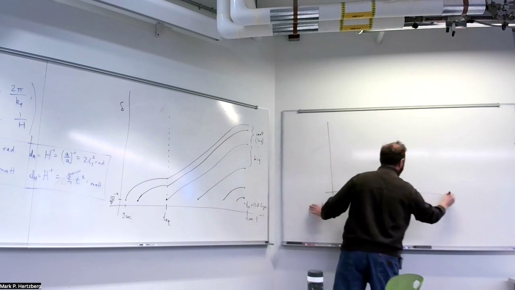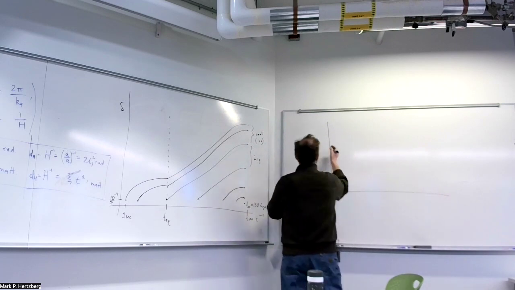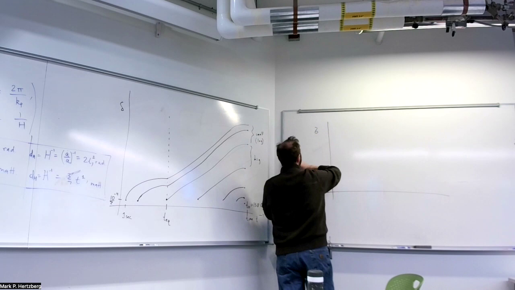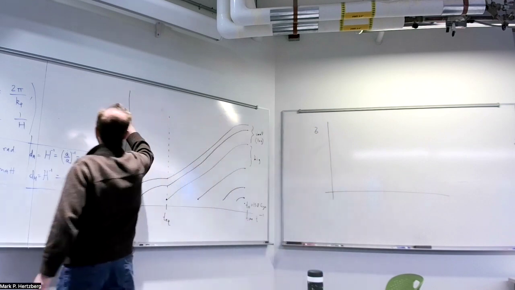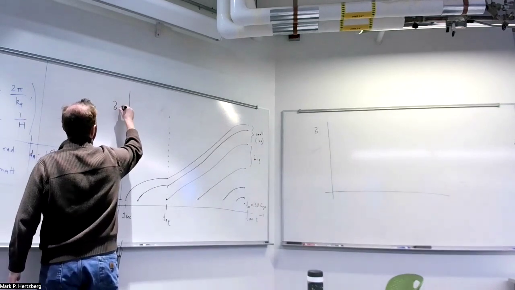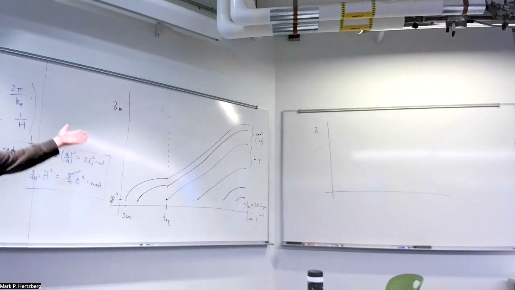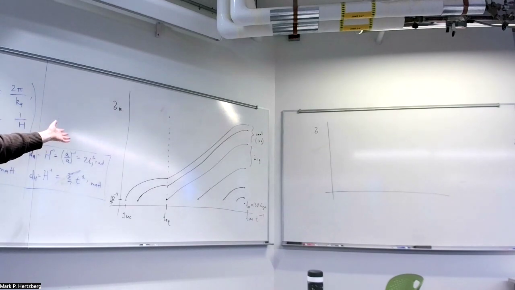So I want to plot for you then the fluctuation. I could call it delta, but if you like, I could also just call this sigma, right? This is the standard deviation. The delta is just drawn from a distribution with that standard deviation. I'm really plotting for you the standard deviation.